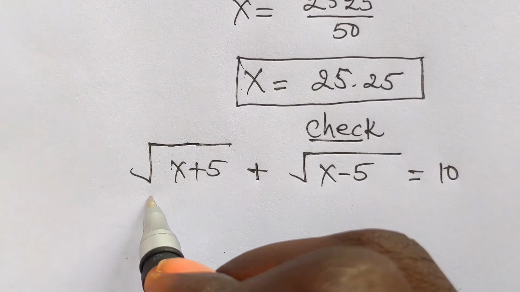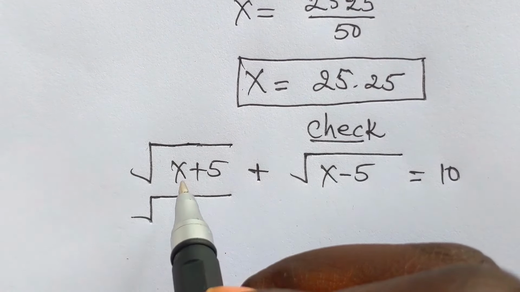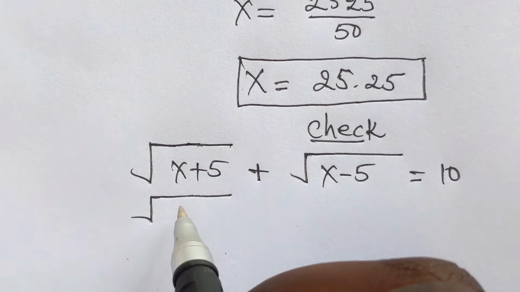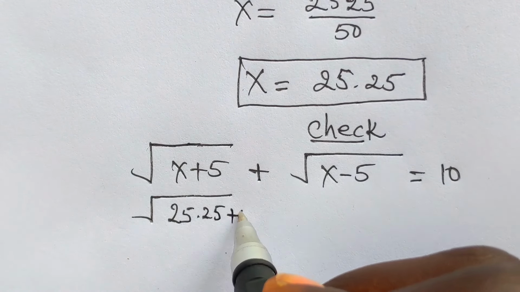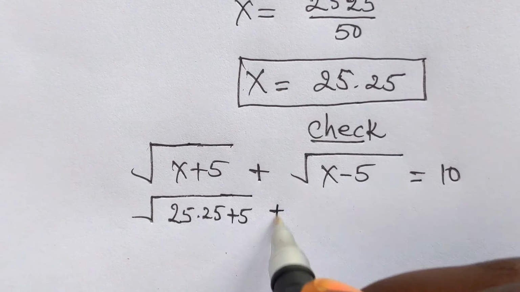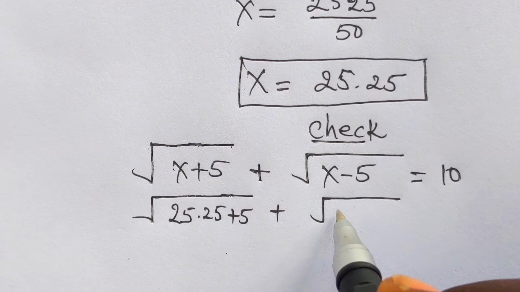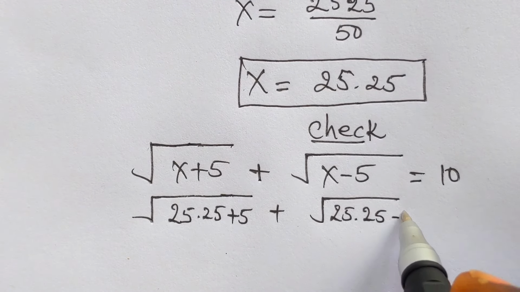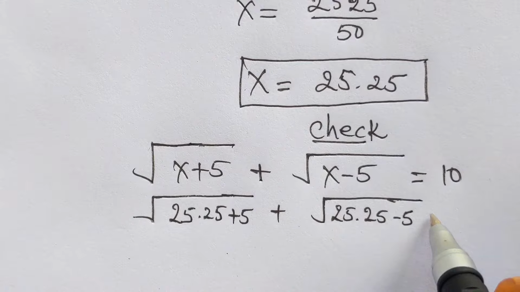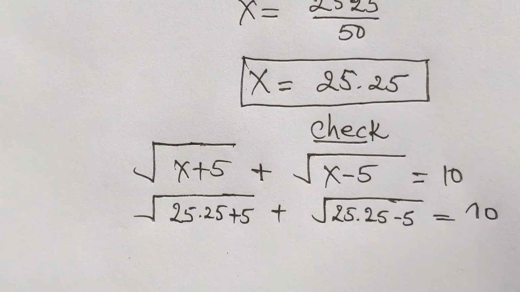Here we have square root of x plus 5, which is 25.25 plus 5, plus square root of 25.25 minus 5, equals 10.